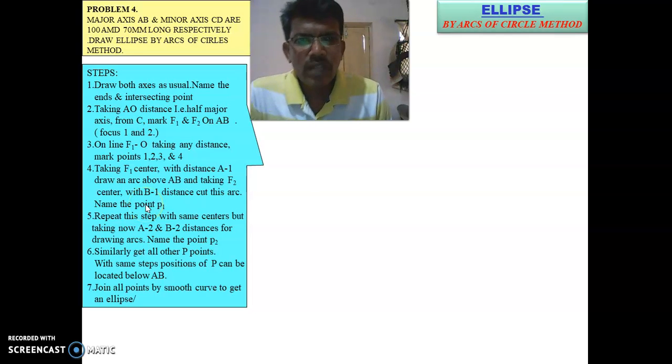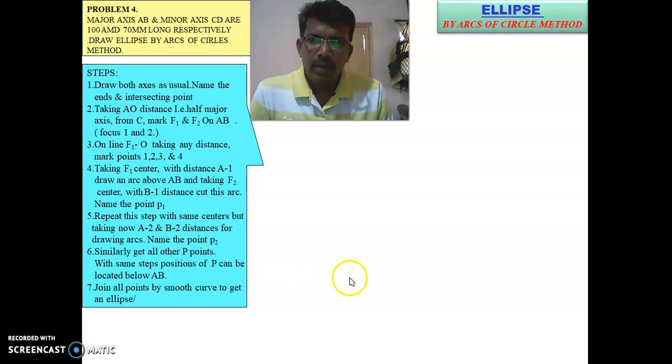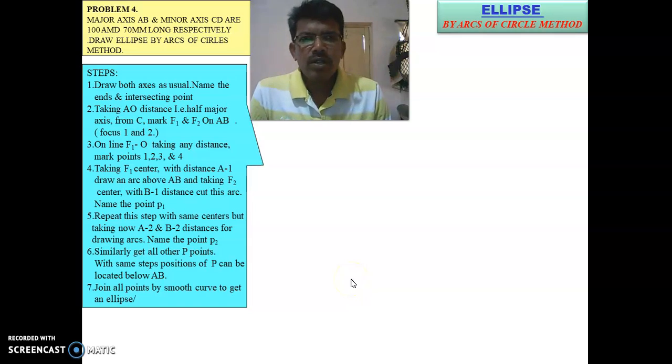Now we will see in diagrammatical format how we are going to construct an ellipse by the arc of circles method. First draw a line AB of 100 mm.